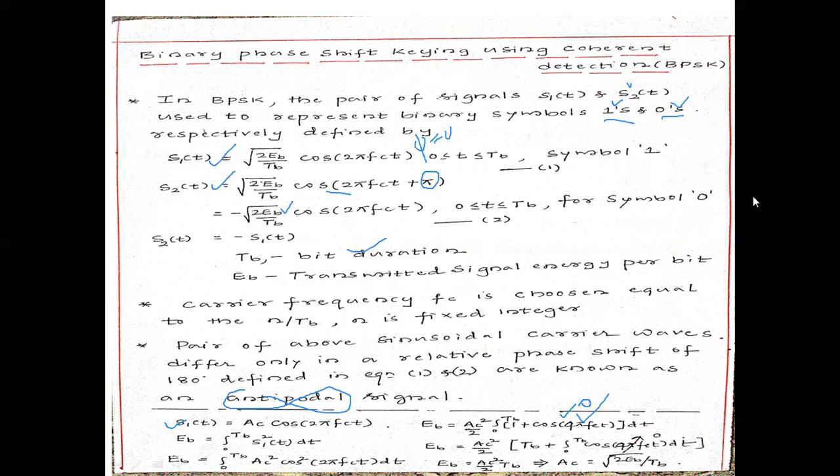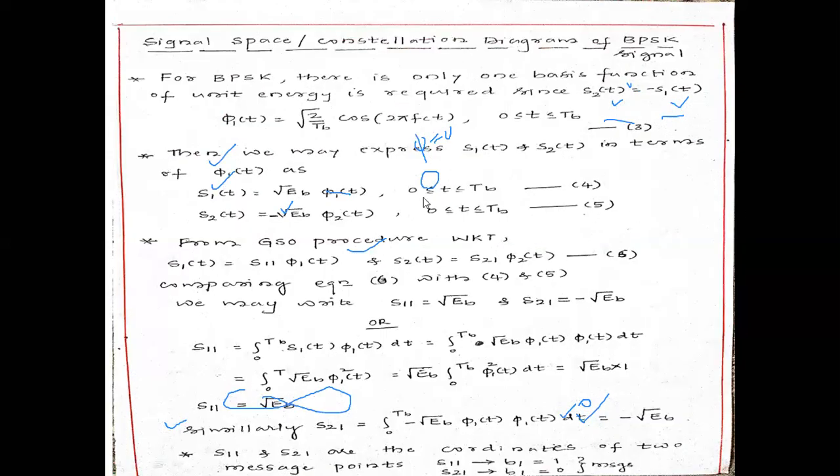Right? The same thing is re-expressed here. That is, S1 of t is equal to square root of Eb into phi 1 of t, and S2 of t is equal to minus square root of Eb into phi 1 of t. And from the Gram-Schmidt orthogonalization procedure, the signal S1 of t can be written in terms of its coefficient S11 as well as the basis function phi 1 of t.